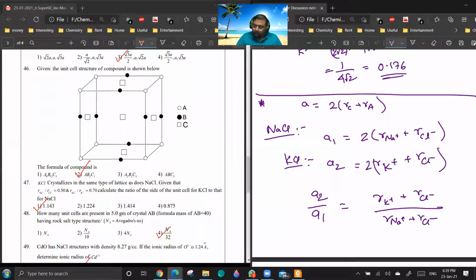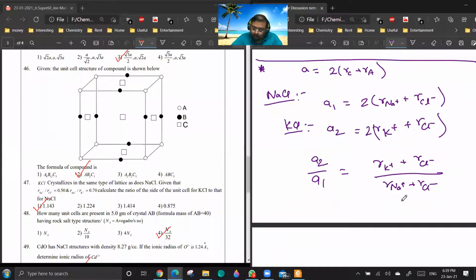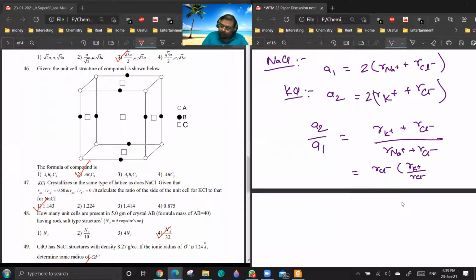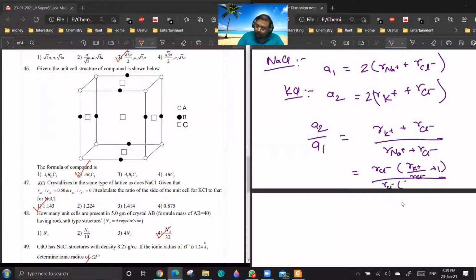Yes. Now, if you take R of Cl minus common, then it will be R of Cl minus into R of K plus by R of Cl minus plus 1, by R of Cl minus into R of Na plus by R of Cl minus plus 1. Is it clear?